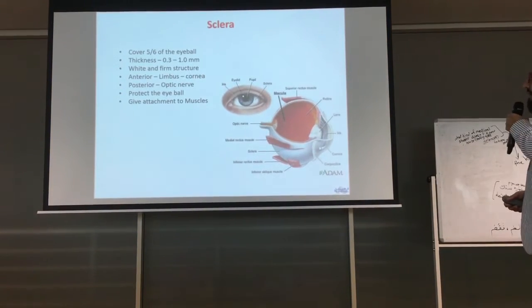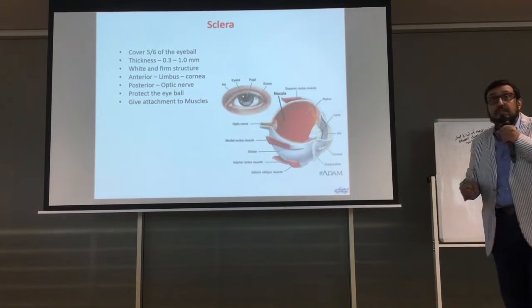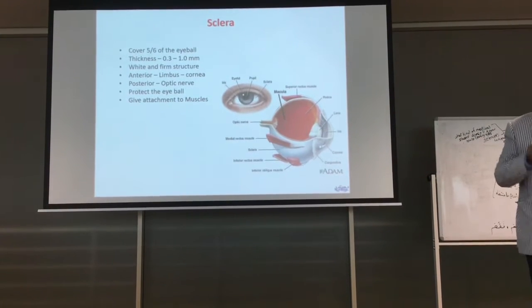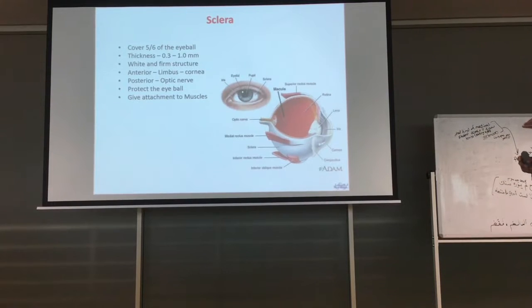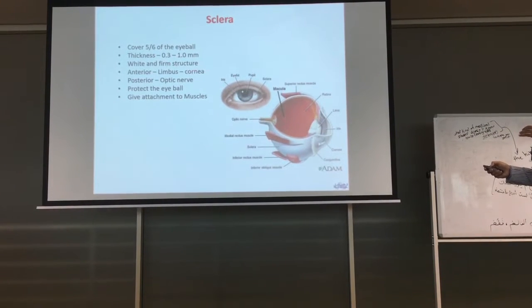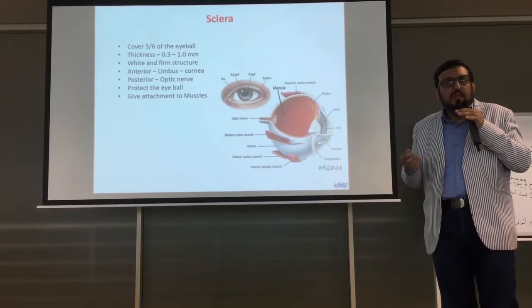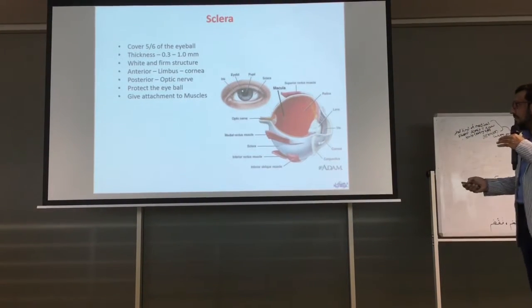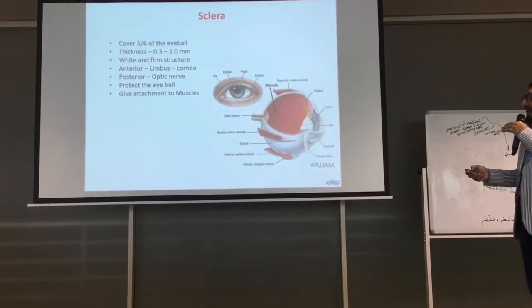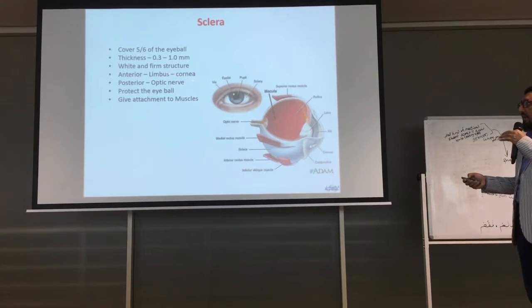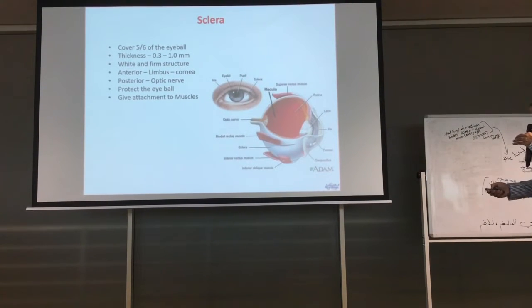Here we go. The very first structure is the sclera, which is covering the eyeball completely. It's a firm structure. Thickness varies from 1 millimeter to 0.3 millimeter. It is thinnest at the points where the muscles are attached to it. Anteriorly, it continues with the cornea at the limbus.